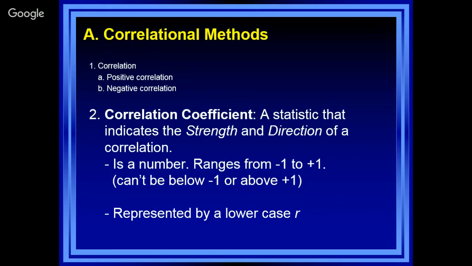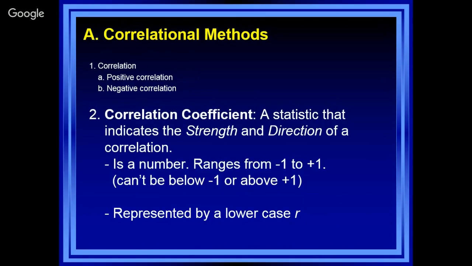So on a number line, you can go as low as -1 and as high as +1, but you can't go outside of that range. You can't go lower than -1 or higher than +1. If you get a correlation coefficient that's out of that range, your computer's broken. The reason being is -1 and +1 are perfect correlations, and we'll talk about what that means in a minute. It can't be outside of that range.